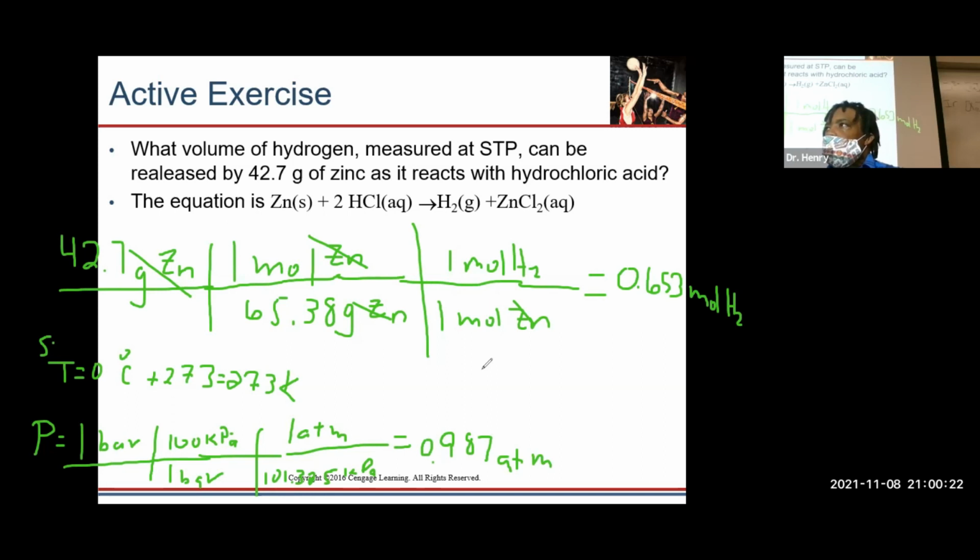So what am I going to use? I have moles, I have temperature, and I have pressure. What am I looking to solve? So what am I going to use to solve for my volume?